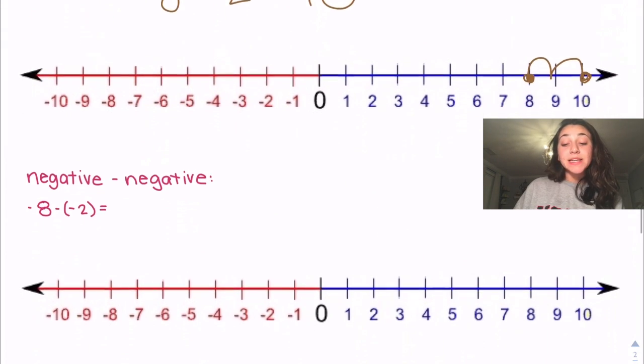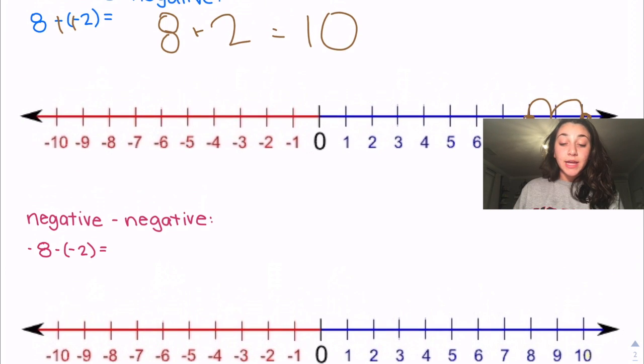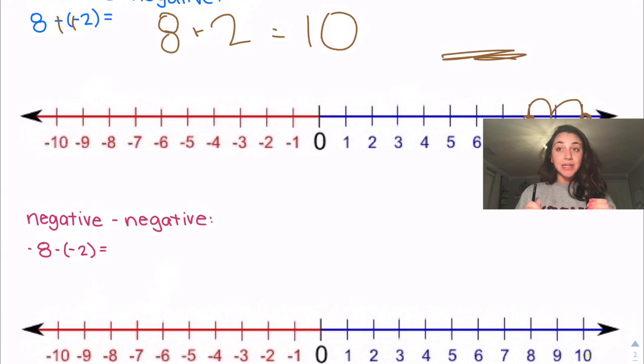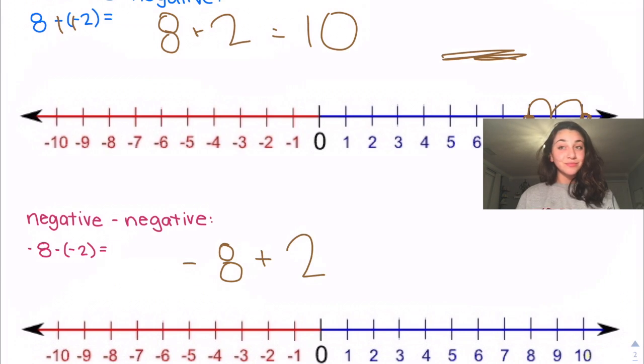Then we have a negative number minus a negative number. And just like we did in this one right here, negative 8 minus a negative 2. This going to the left from a left number turns that minus a negative 2 into a plus a positive 2. So it turns into negative 8 plus 2, which is your negative plus a positive.